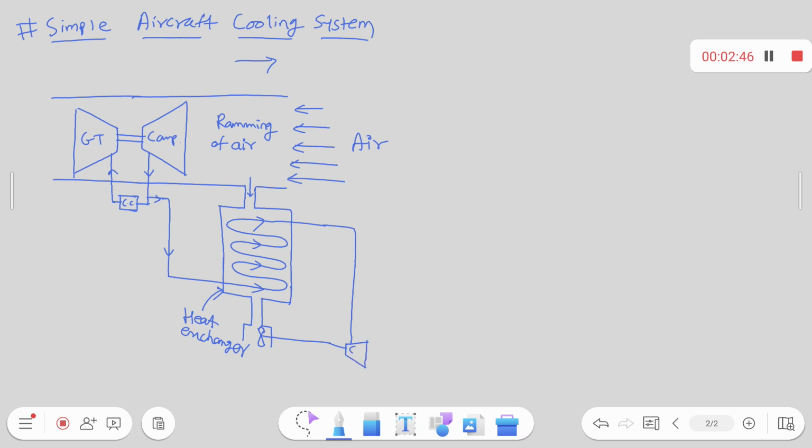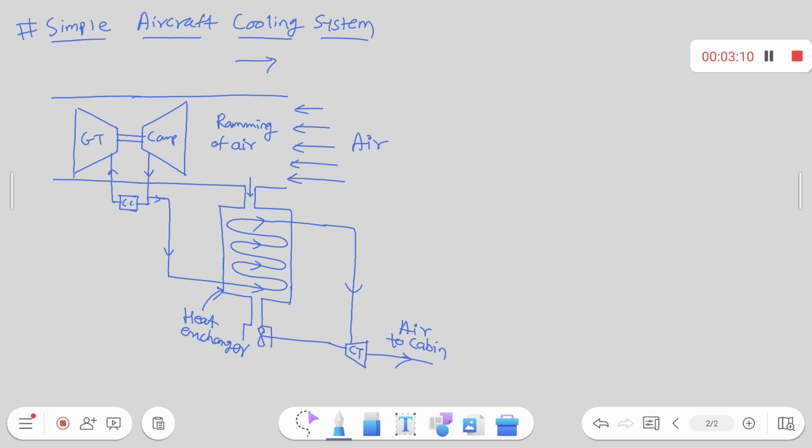This is your cooling turbine. On this cooling turbine, a fan is mounted so that the rammed air will come out. After that, your cold air goes to the cabin. Very simple. I hope all of you understood.